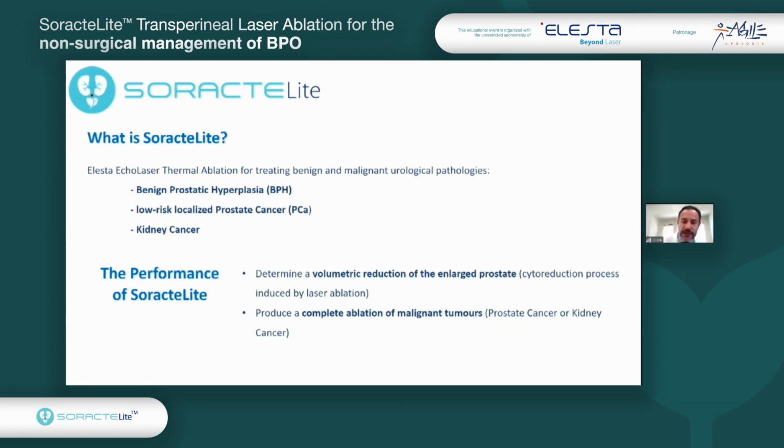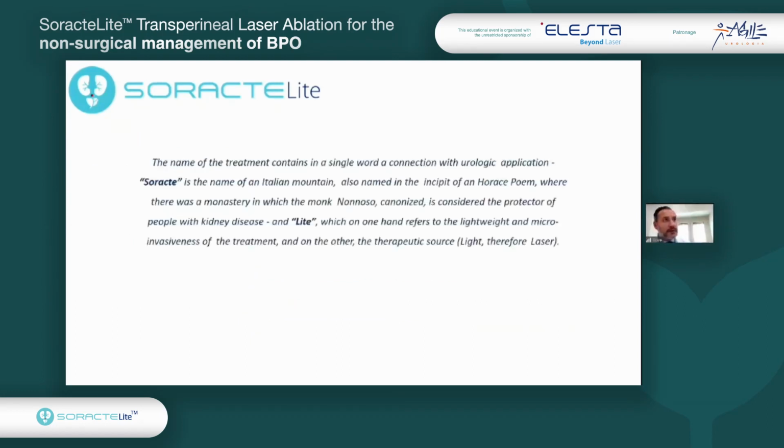We started the experience about 1 year ago, I guess, and now we have some results that we will show you during the next presentation. So where does the SoracteLite name come from? The name of the treatment contains in a single word the connection with the urological application. Soracte is the name of an Italian mountain very close to Rome, also named in the incipit of a Horace poem, where there was a monastery in which the monk Nonnoso, canonized, is considered the protector of people with kidney disease.